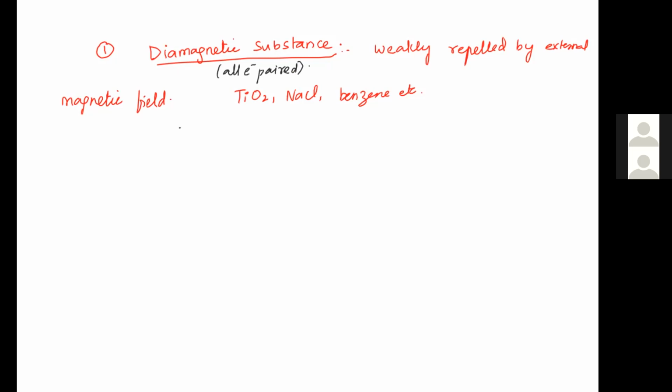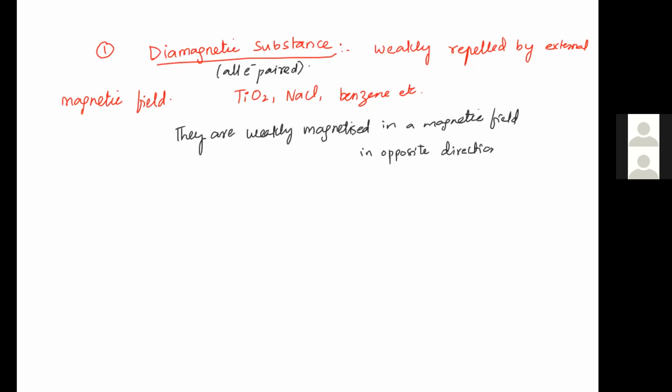Also, they are weakly magnetized in the magnetic field in the opposite direction. That is about diamagnetic substances. Only these 3 points are enough.